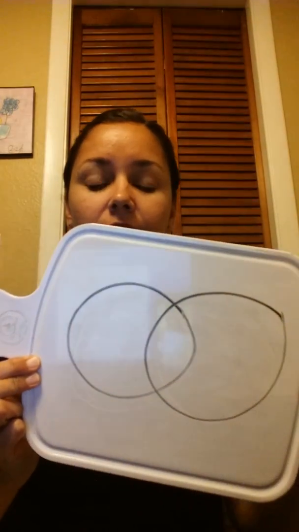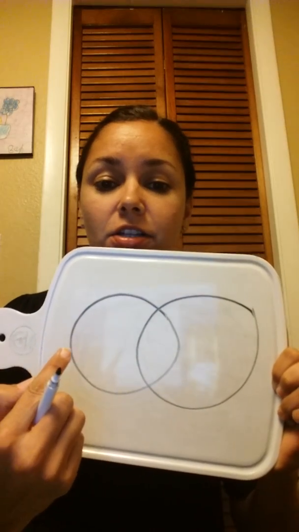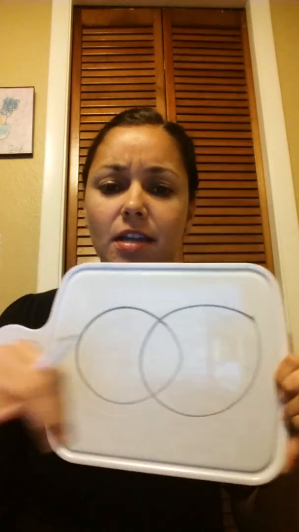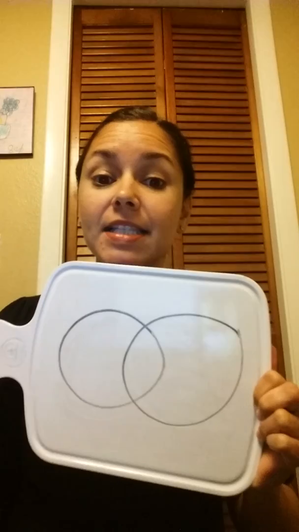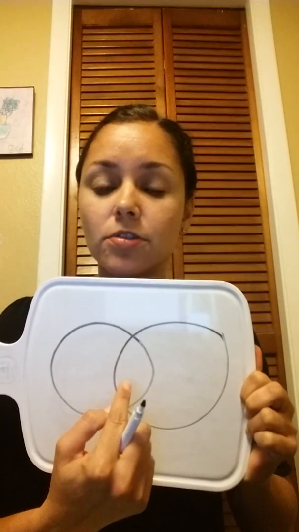So I will show them what a Venn diagram looks like, and I will tell them that the things that are different are going to be put on the outside because they're different, and the things that they have in common, or the same, will be put in the middle of the two circles.